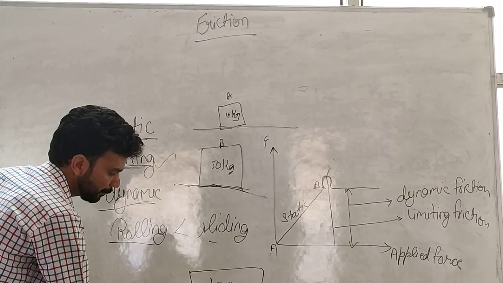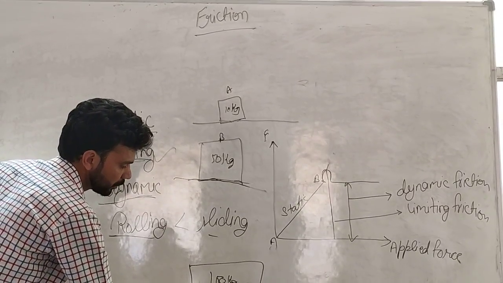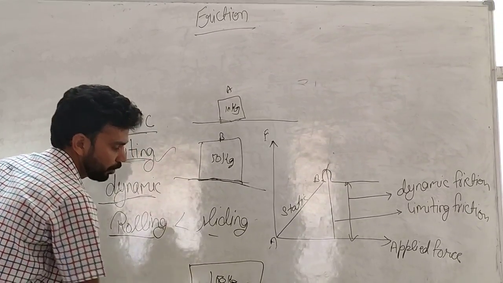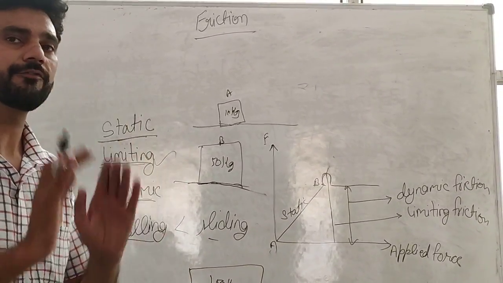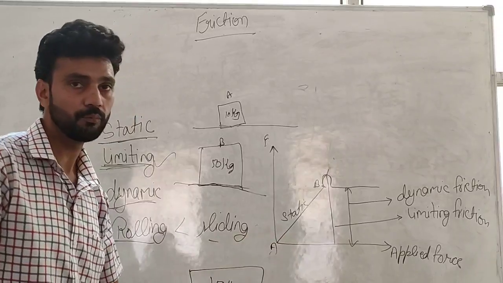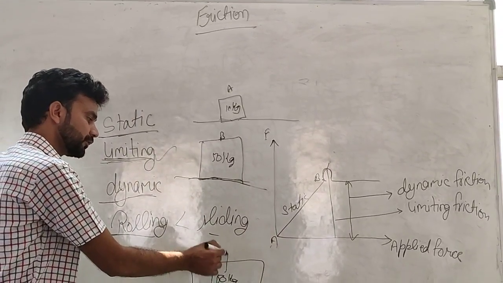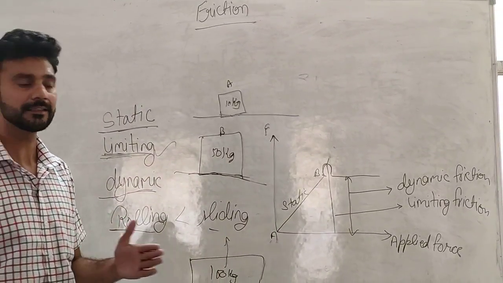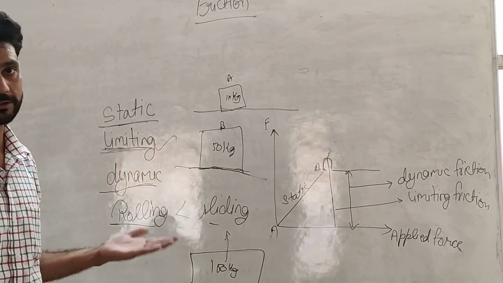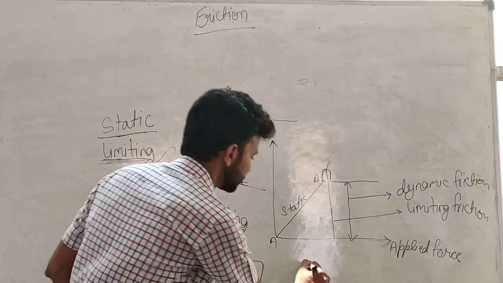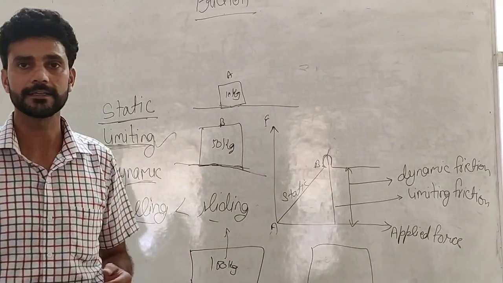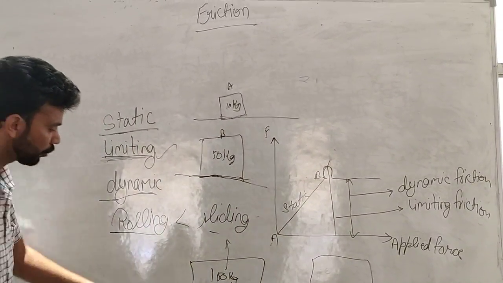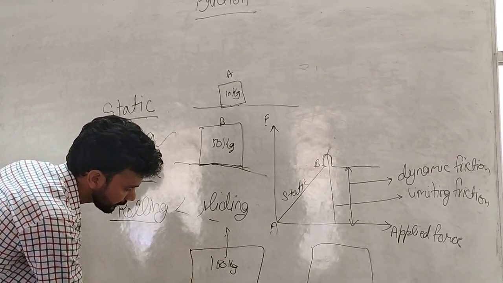But if we keep some round balls or wooden blocks at the bottom of the weight, then if we push, the object will move. The object is of the same weight, so what is the reason that in this case the frictional force is less and in this case the frictional force is more? Sliding is more, rolling is less.